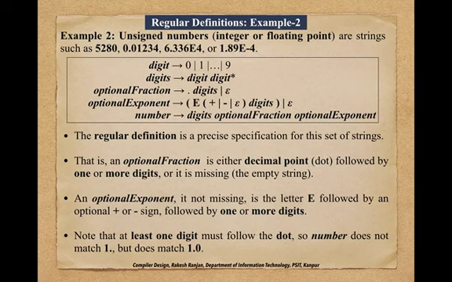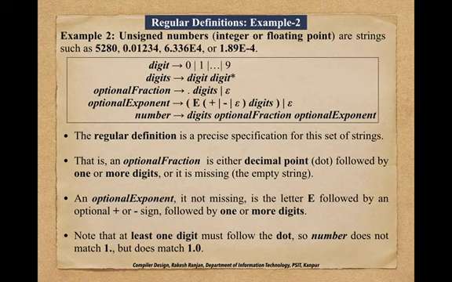Regular definition example 2. We can define a regular definition for an unsigned number. You can see here digit can be defined by 0, 1, up to 9. Digits can be digit digit*. Optional fraction can be represented by . digits or epsilon. It means that the fraction may or may not be present. Optional exponent can be represented by E, then plus or minus or epsilon, then digits, or epsilon.